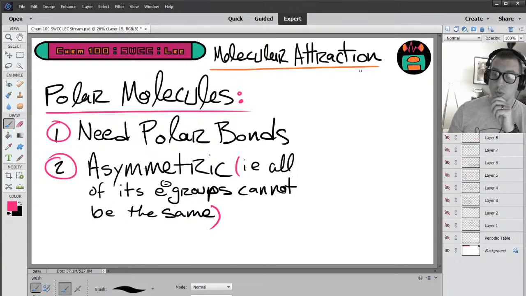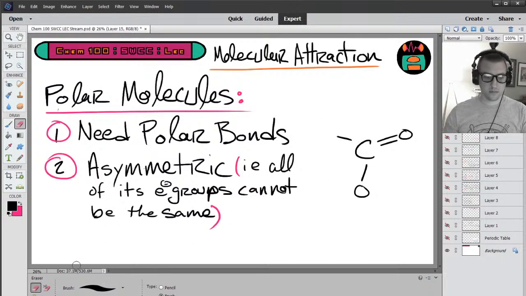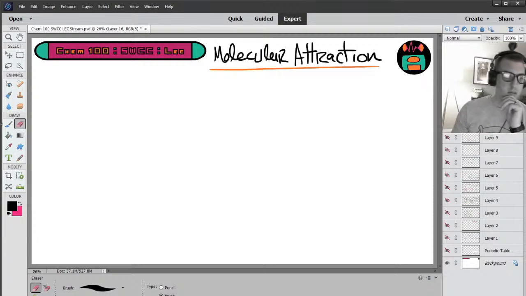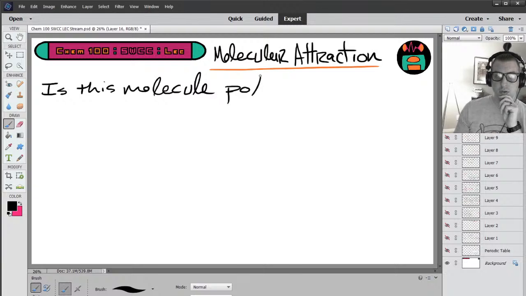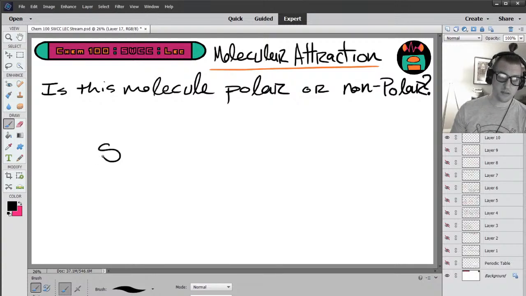So let's do a few examples. Is this molecule polar or nonpolar? I will give you the Lewis structure.